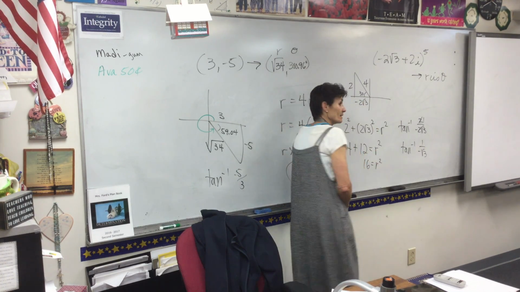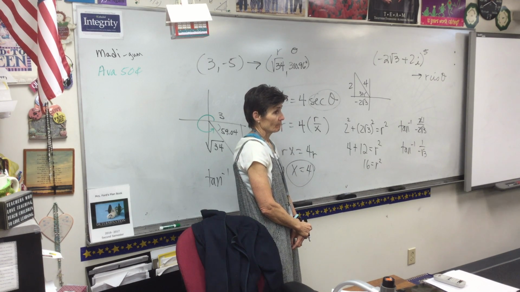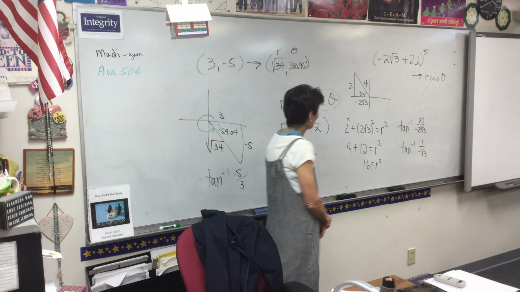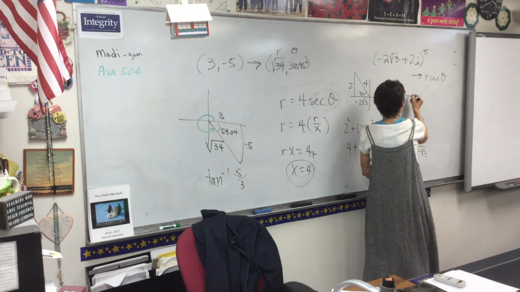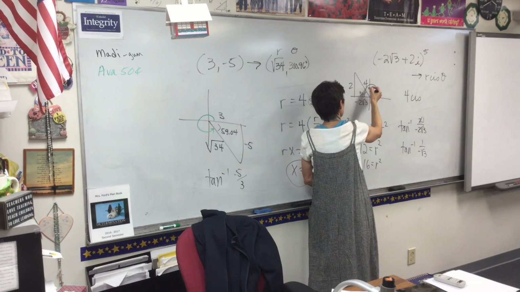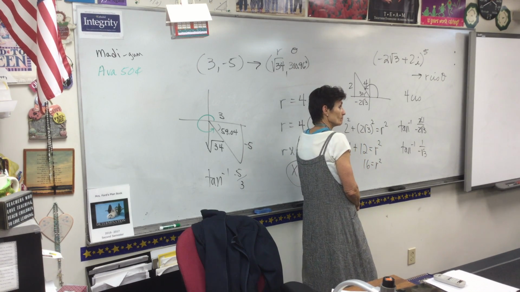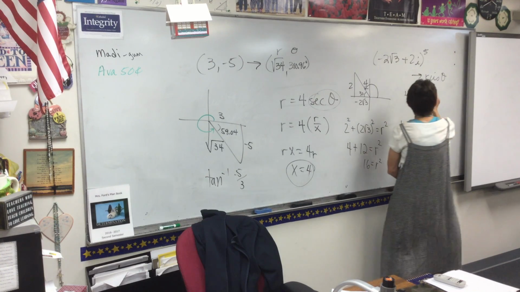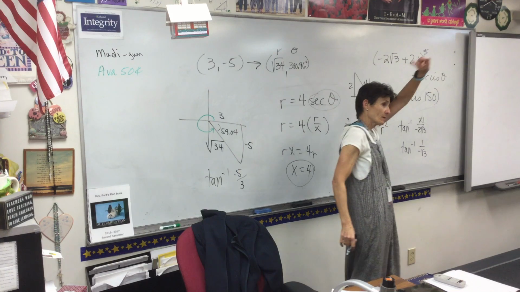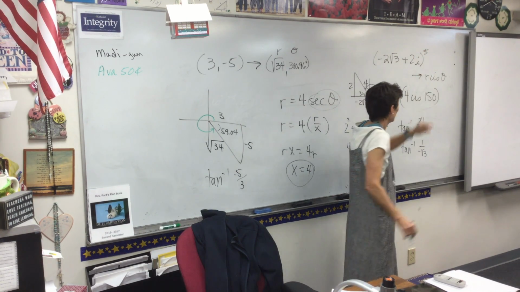If you're not getting 30, you're not doing it right. So my R is 4, and my angle is what? 150. That's step 1. Change it to polar form. Get R and theta. That's step 1.